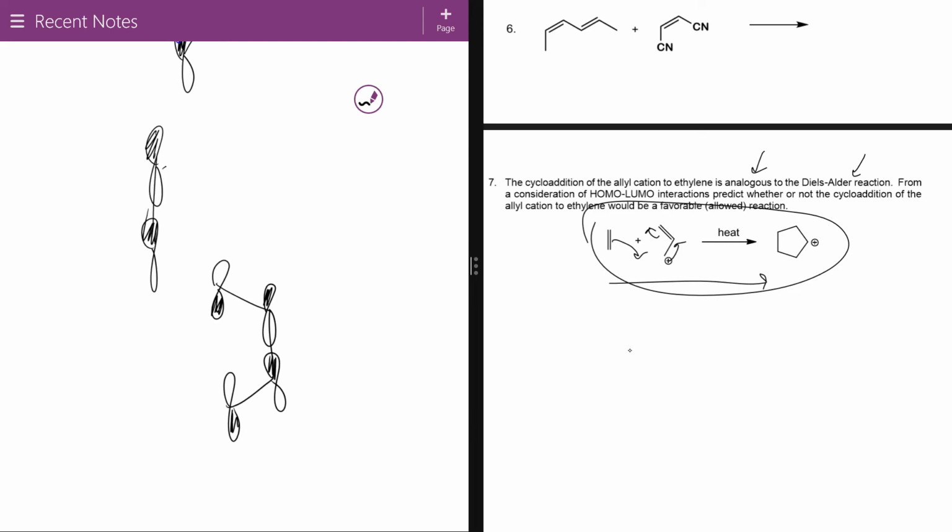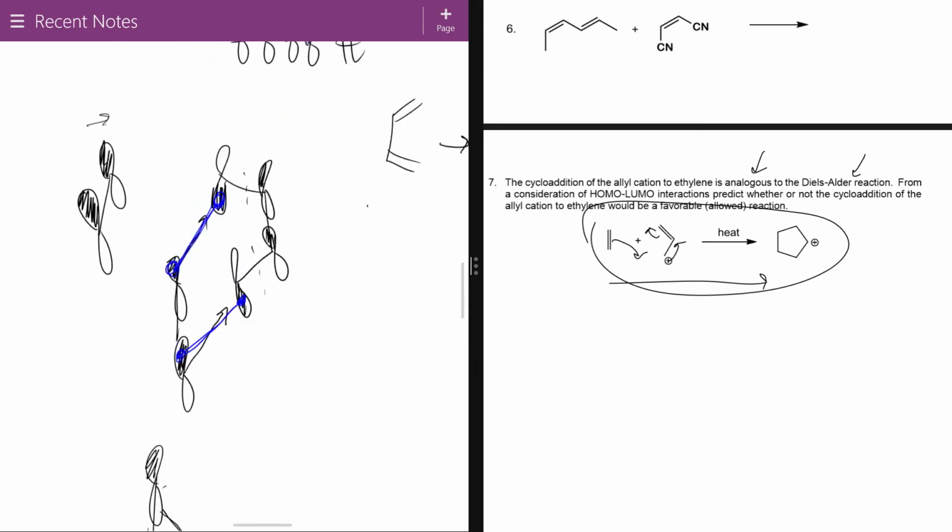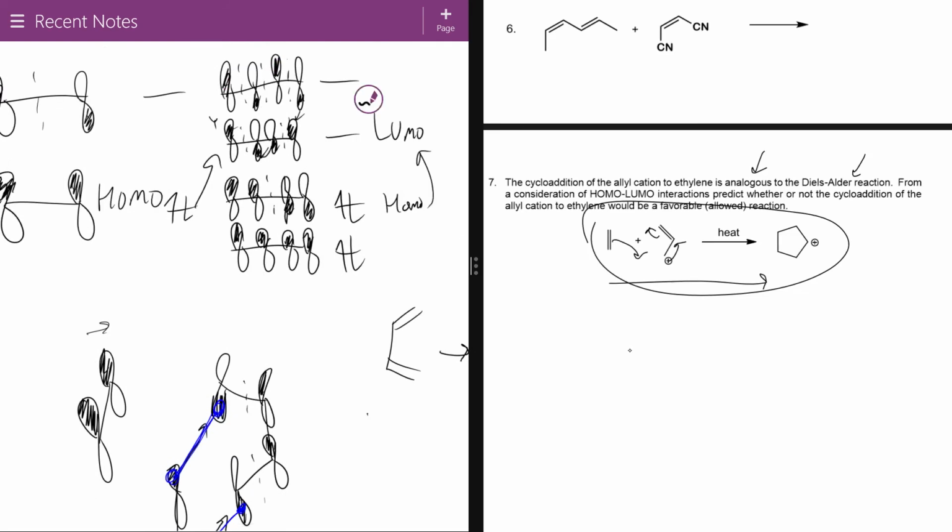So as this molecule moves down, we'll see this interacts here, and this interacts here. So this overlap is what creates our new bonds, and it's what forces the HOMO to go to the LUMO, because you see it's forcing this one to switch up and then forcing these ones to switch down so that they overlap properly.